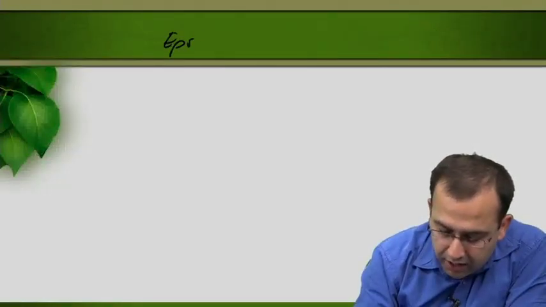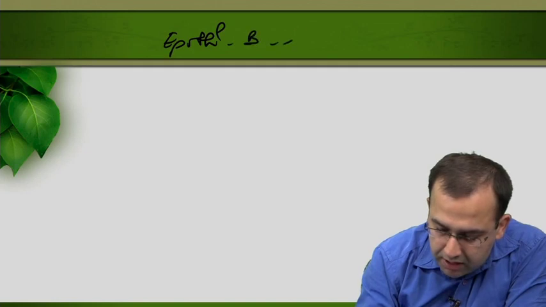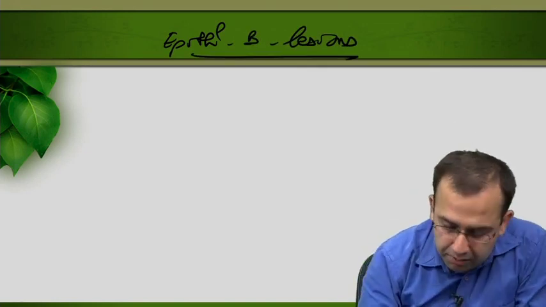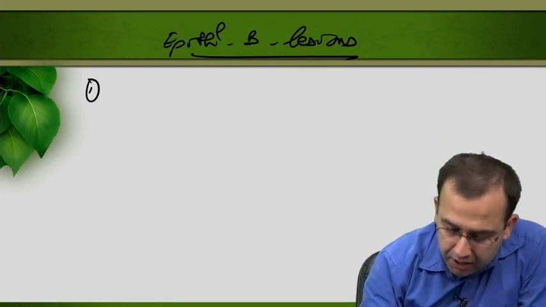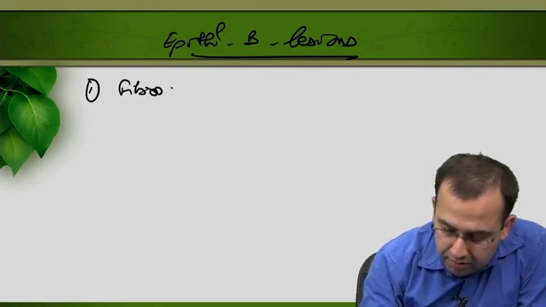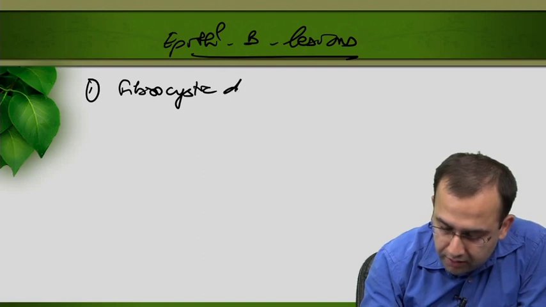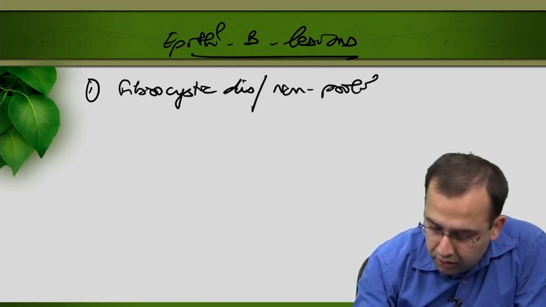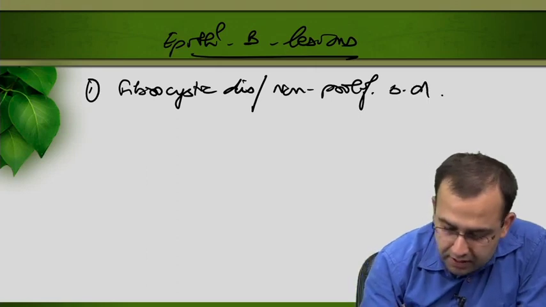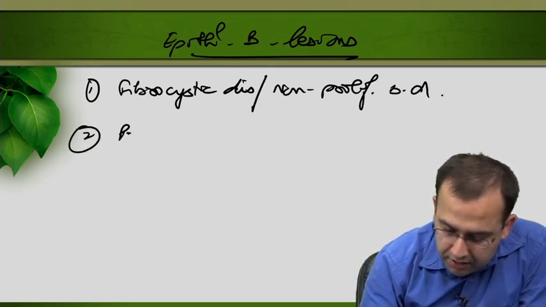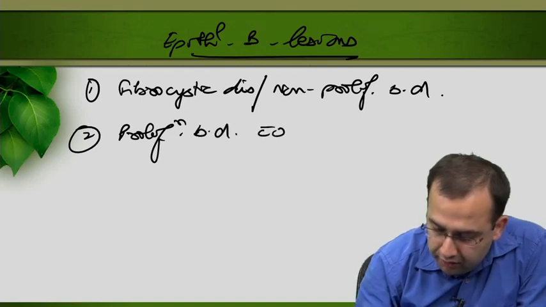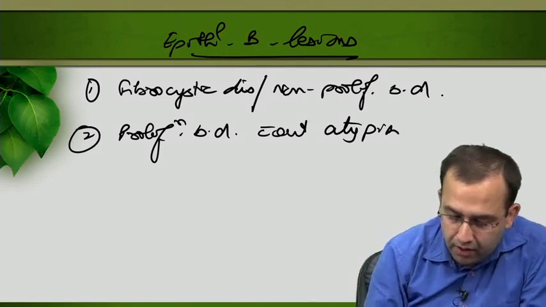I can divide the epithelial breast lesions into 5 categories. They can be divided into fibrocystic or the non-proliferative breast disease. Next, proliferative breast disease without atypia.